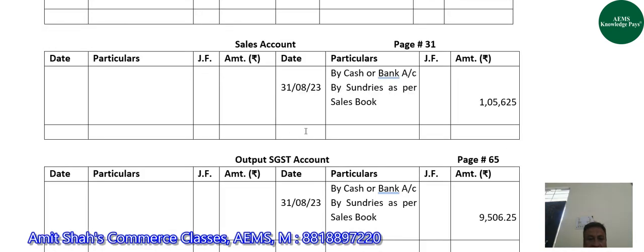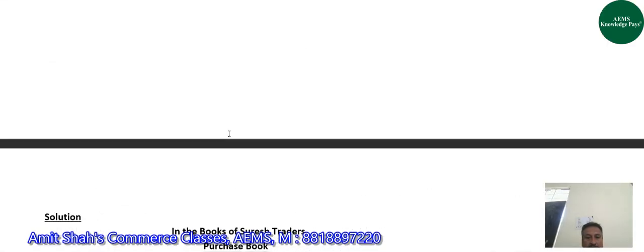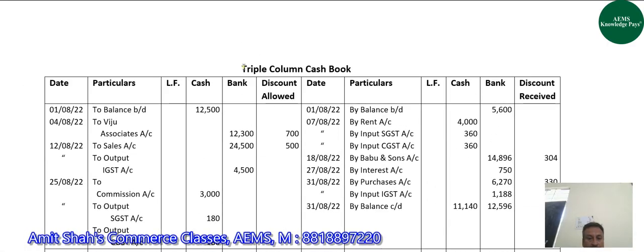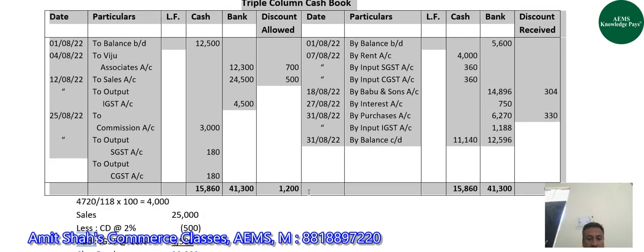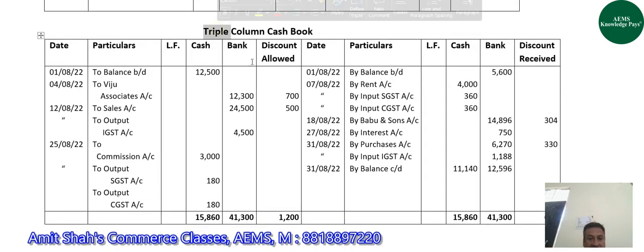Ashutosh, Yash, Priyansh. Yes, sir. I'm making here, guys, double column cash book. Those ISC students have triple column, but in triple column also we have these two columns.